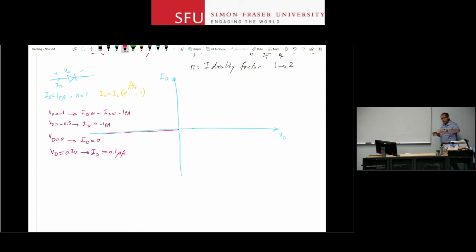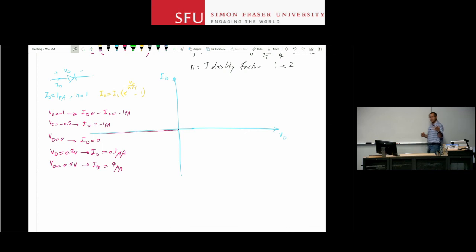So all of a sudden, from currents on the order of picoamps, we are going to currents on the order of microamps. That's 6 orders of magnitude difference in value. Let's just keep increasing VD a bit more. So 0.4 volts gives you, let's say, 9 microamps. Interesting, right?